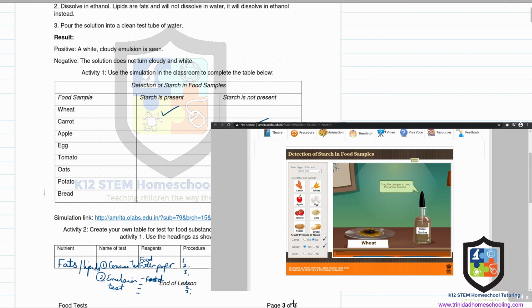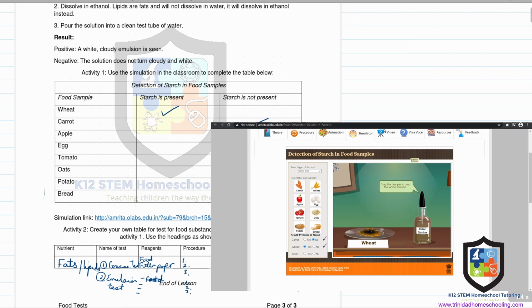For your assignment, you're going to submit this completed table, as well as the completed activity 2 table. And that will be the end of today's lesson for food tests. These food tests are very important.